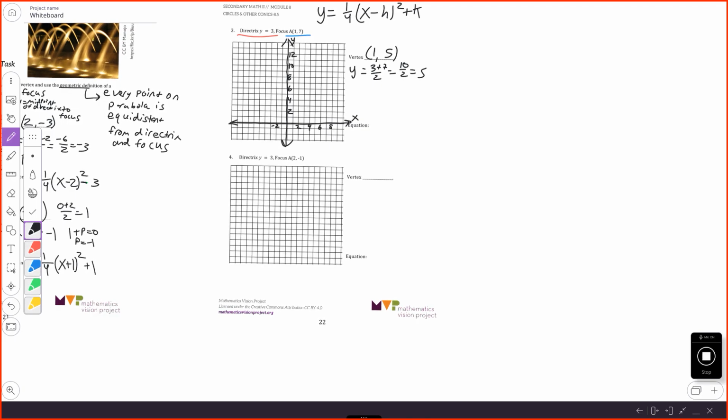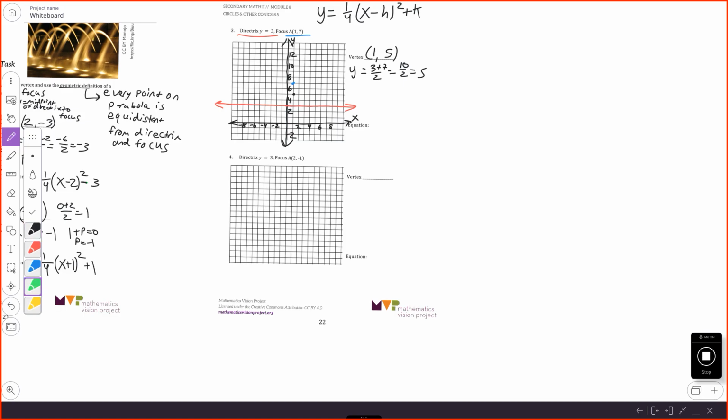Negative 1, negative 2, negative 3, negative 4, negative 5, negative 6, negative 7, negative 8. My directrix is y equals 3, my focus is at 1, 7, and my vertex is at 1, 5.